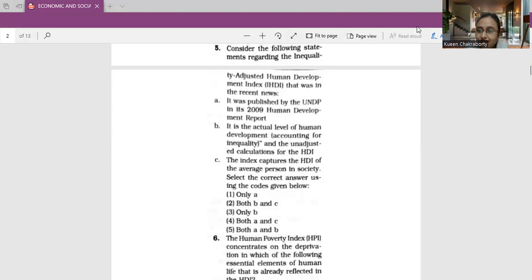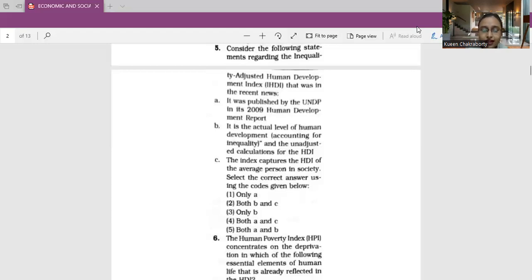B, it is the actual level of human development accounting for inequality and the unadjusted calculations for the HDI. And C, the index captures the HDI of the average person in society. Now we have a combination of these answers: only A, both B and C, only B, both A and C, both A and B.